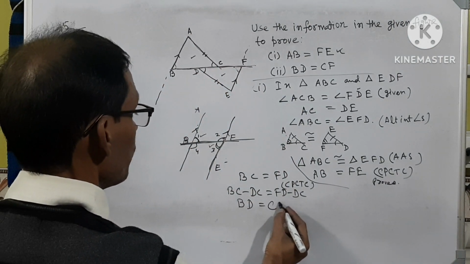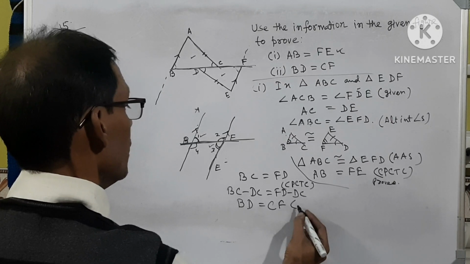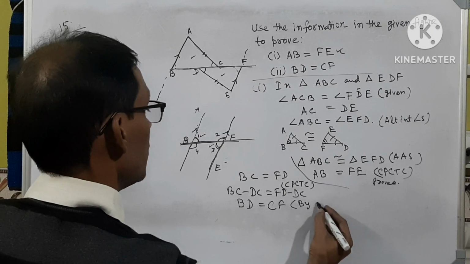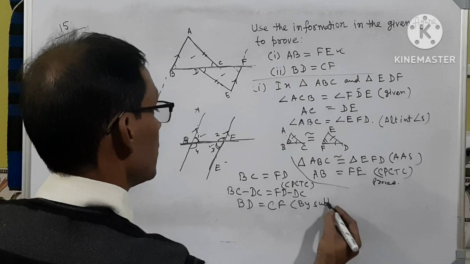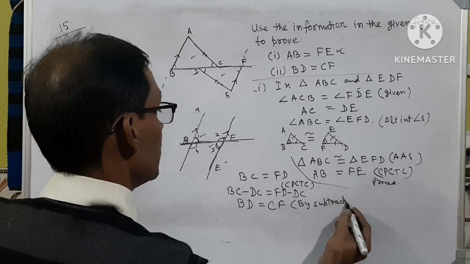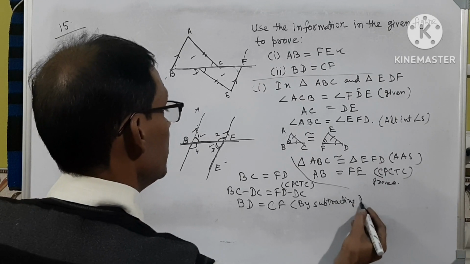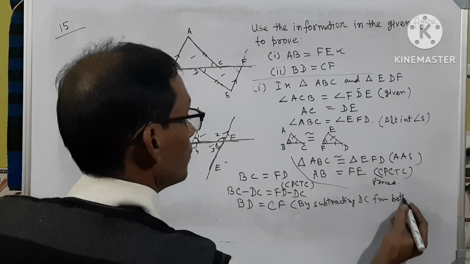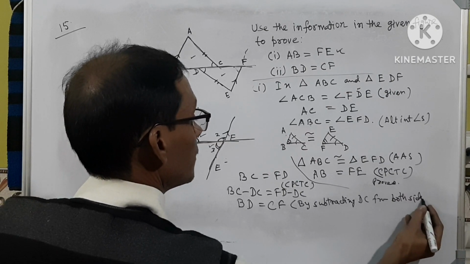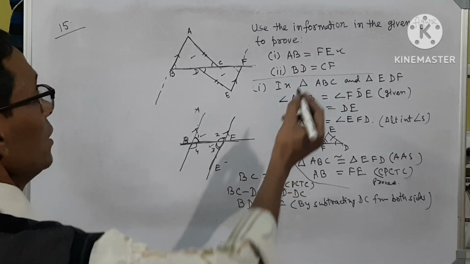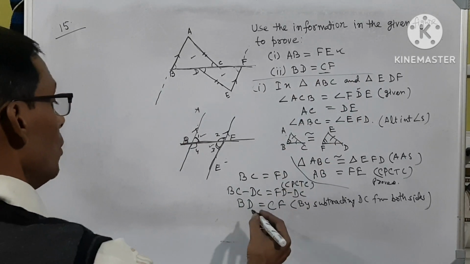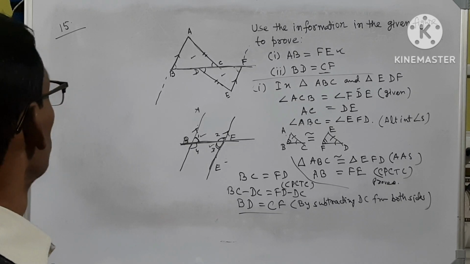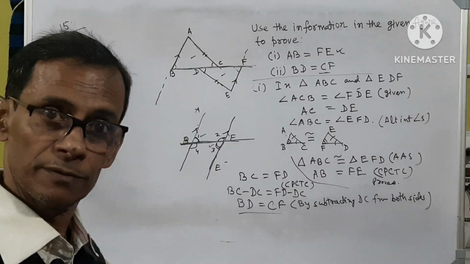BD equal to CF. You can write by subtracting DC from both sides. So BD equal to CF, what you have to prove? It is proved, and this way you have proved both the things.